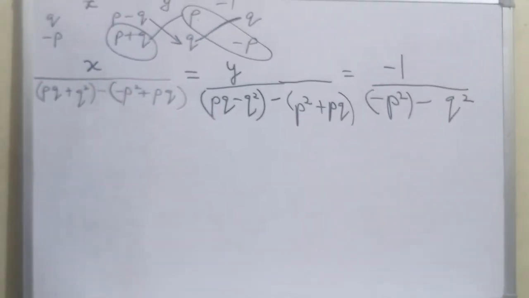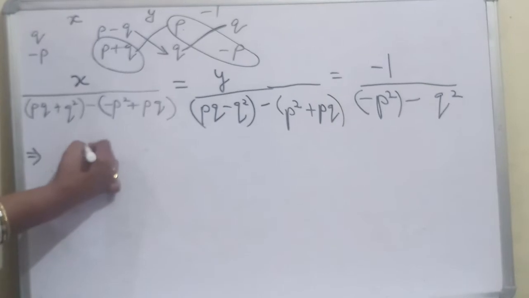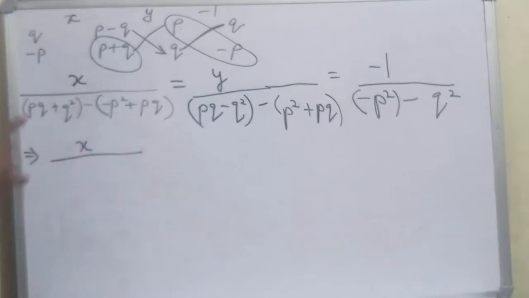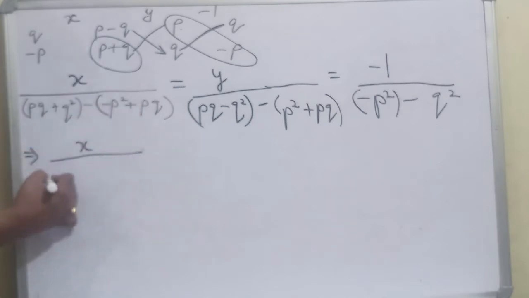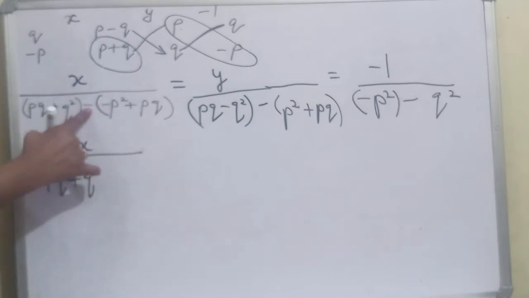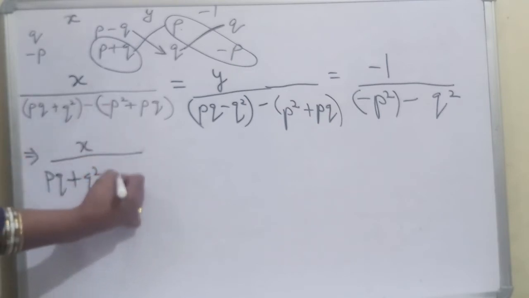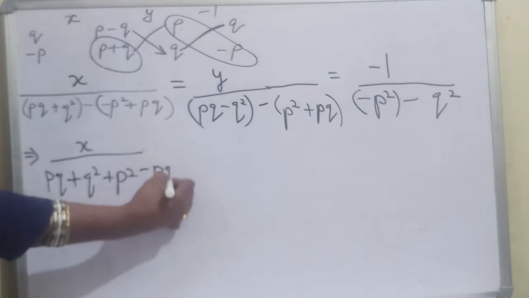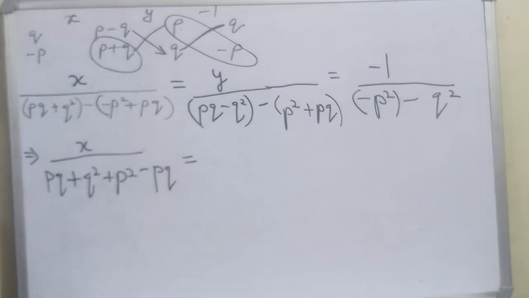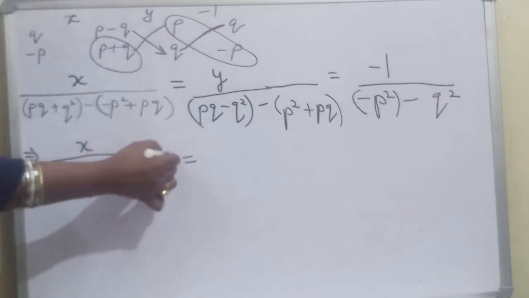So now we'll just solve it a little. pq and minus pq. If I open up the bracket, what do I get? This is minus minus plus p square, minus plus minus pq, and here you get these two terms.